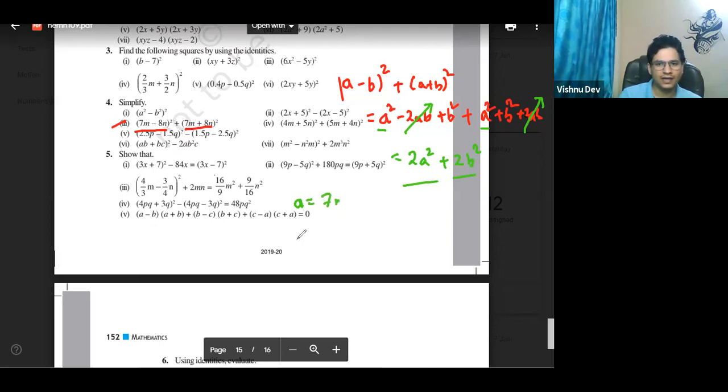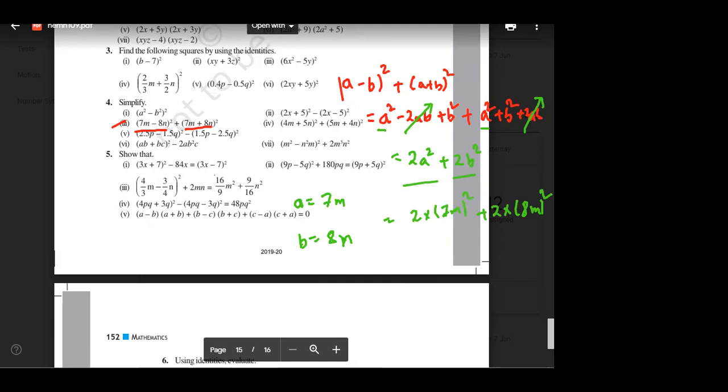Instead of A, we have 7m, and instead of B, we have 8m. So we just have to put this now: 2 into 7m whole square plus 2 into 8m whole square. Everyone done with this?